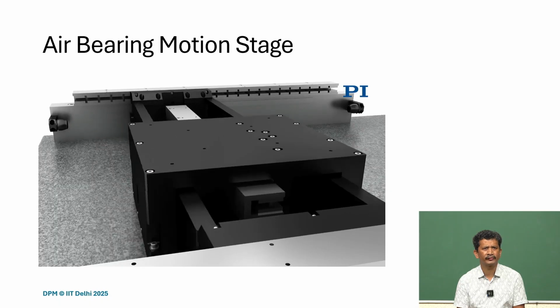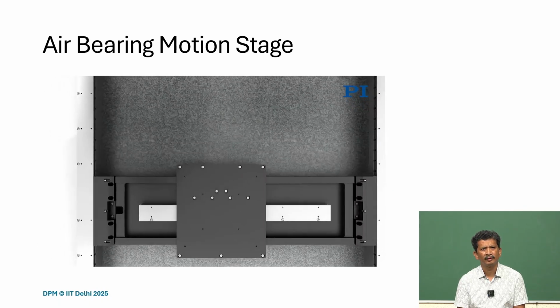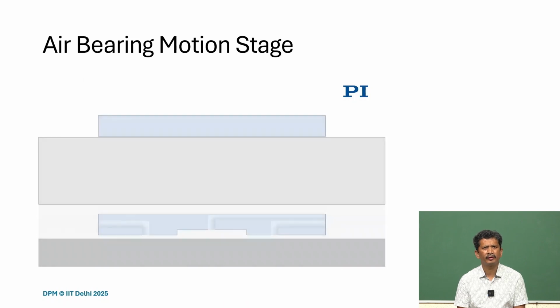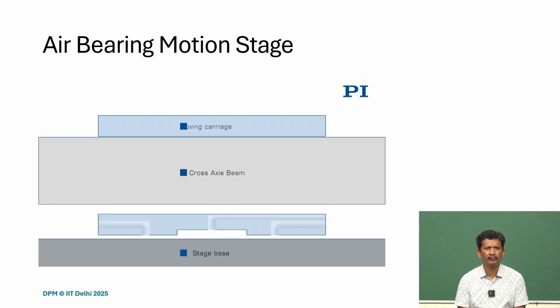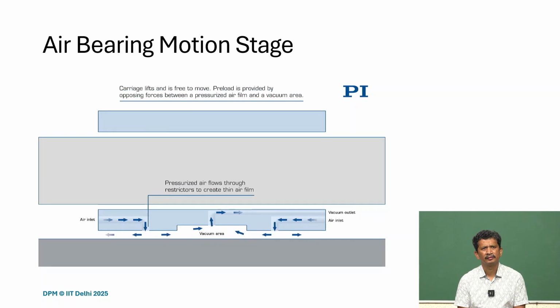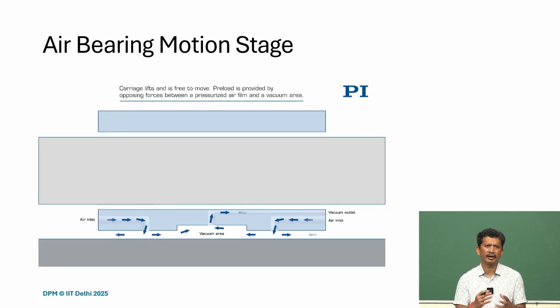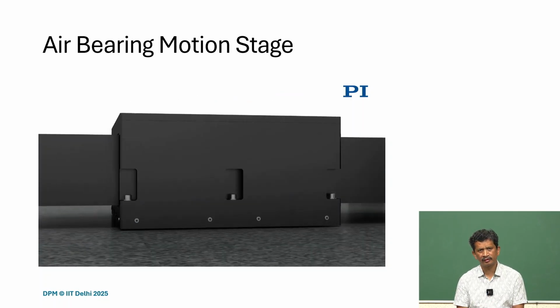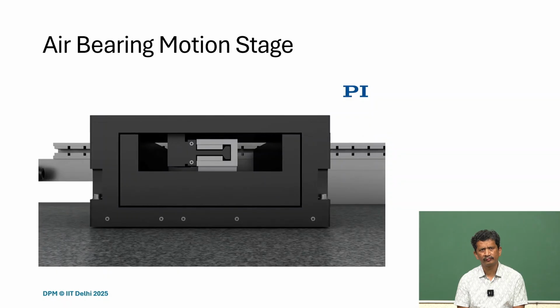It's a two axis stage, as you can see here, and there are air bearings embedded, and that's how it works. There are orifices, so pressurized air is fed through and passes through the bearing surface, and we can also combine vacuum and pressurized air bearing in one module.